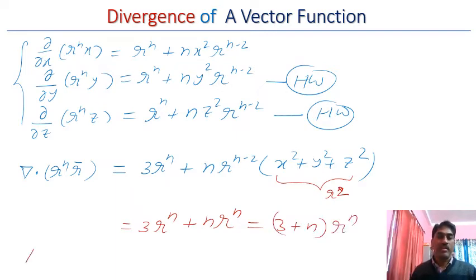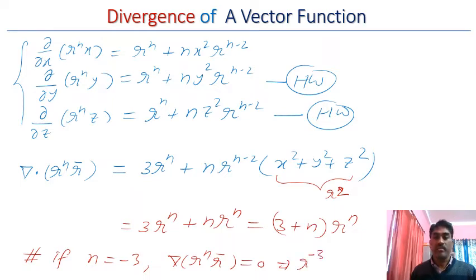There is an interesting fact: if n is equal to minus 3, the divergence of r^n r is equal to 0, meaning r^(-3) r is solenoidal.